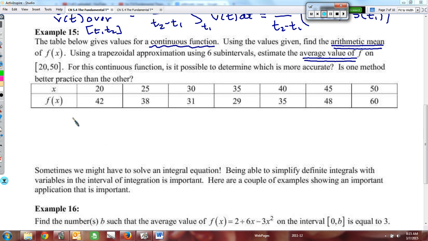All right, so let's calculate our arithmetic mean. Arithmetic mean is simply add up the numbers and divide by how many you have.